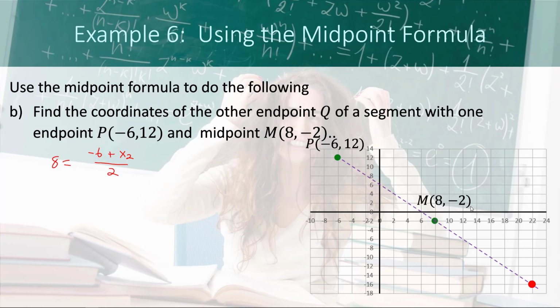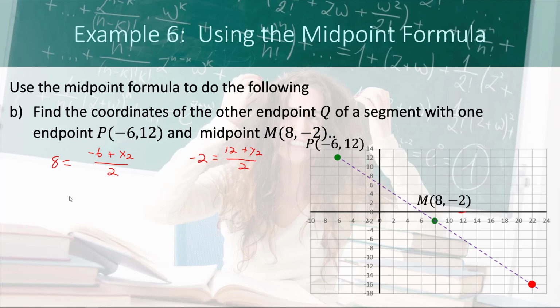And then the y coordinate of the midpoint, well, that's -2. That's found by taking the average of the y coordinates, which will be 12 plus y2, whatever that is, divided by 2.